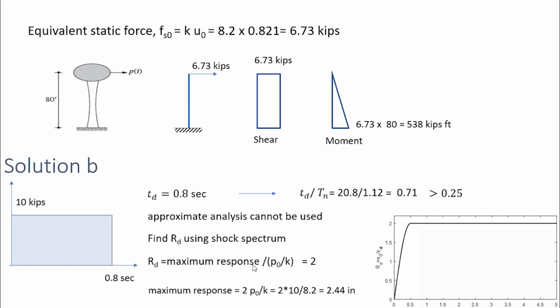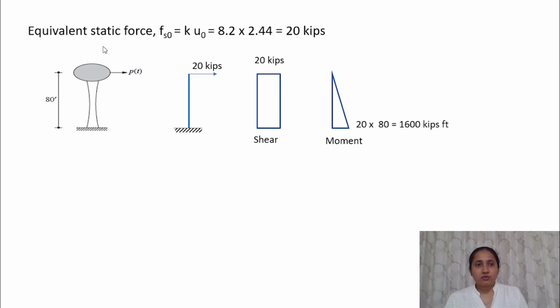So we can find the maximum response. We know P naught is equal to 10 kips, and K is already given as 8.2. If we substitute the values, we get the maximum response as 2.44 inches. Now, similarly as we did here, we can find the force, moment, shear, etc. The equivalent static force is equal to K times U naught, that is 8.2 times 2.44, which comes to 20 kips.